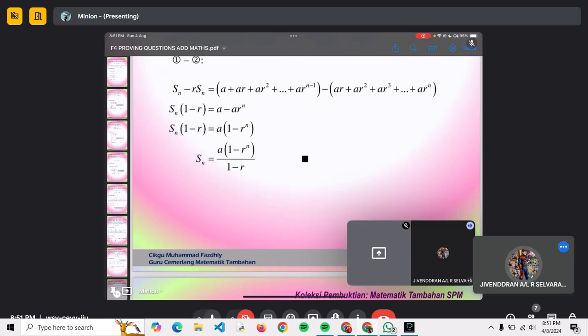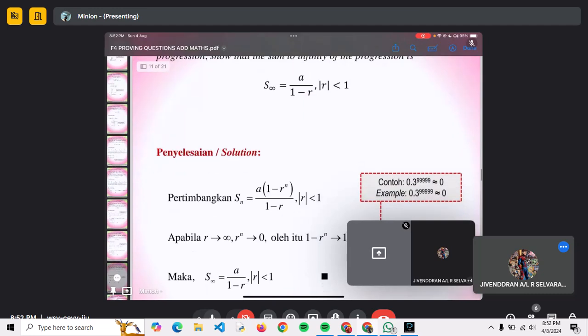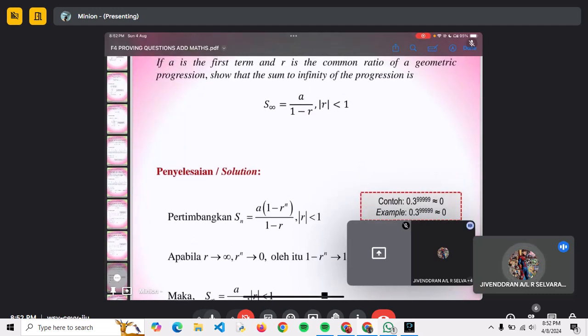Okay, we can go to the last formula. This is the last formula for chapter 5 which they might ask you to prove, which is the S infinity formula for geometric progression.